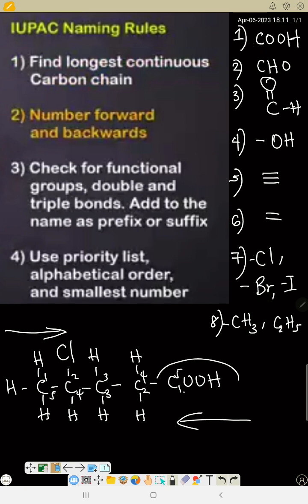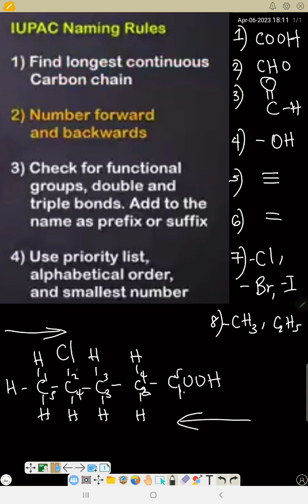So I'm starting this way, and if I want to number, then it must be alphabetical order, but this will give me direction. I'm counting this way 1, 2, like that. Now chlorine will be at the 4th position, so I won't pick the closest to chlorine. I'm picking the closest to COOH because this will give me my direction of naming. How many chlorine do you have there? We have just one, so that will be chloro.